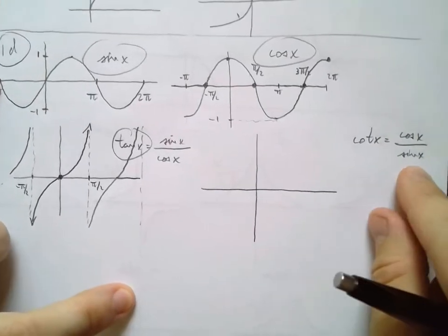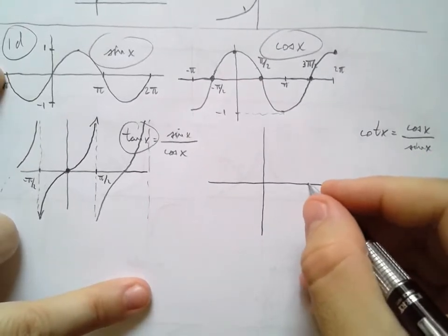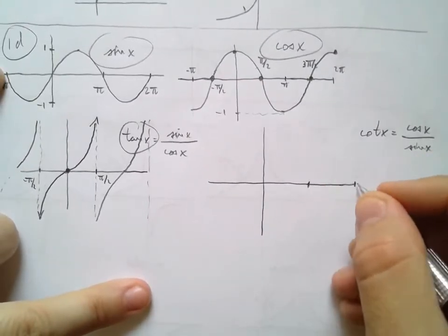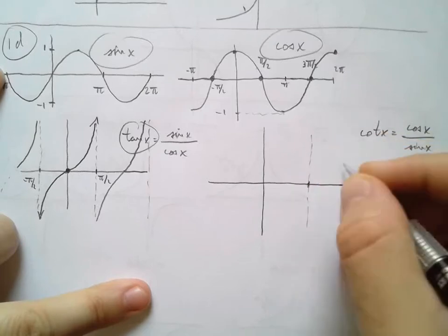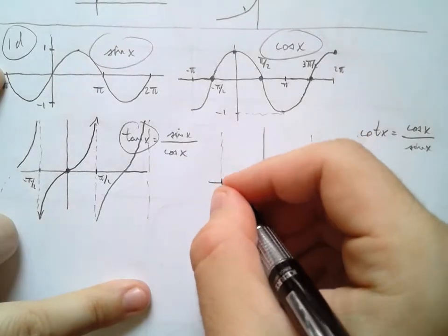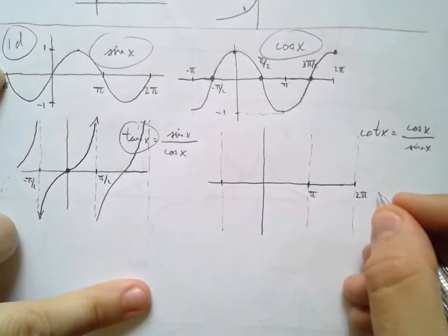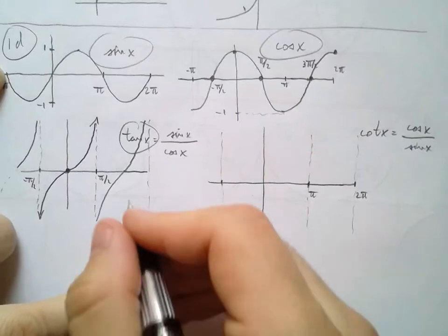And because the sine of x now is in the denominator, that means that my asymptotes are going to be at 0, pi, 2 pi, everywhere the sine part is 0, okay? So this is pi, this is 2 pi, etc.